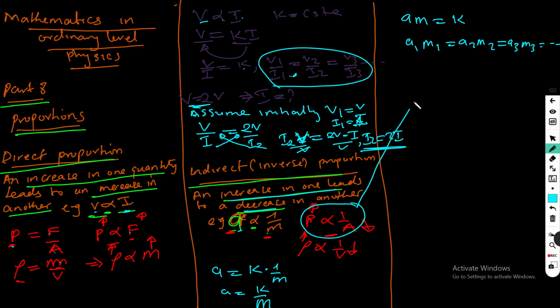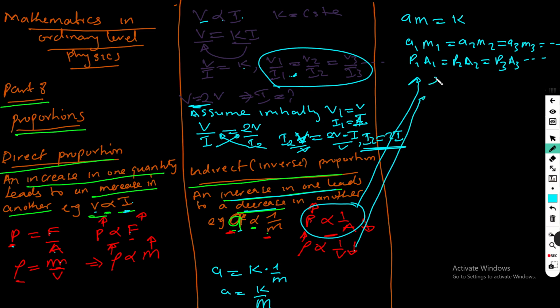This one can become, what do you have? You can have P1 times A1 equal to P2 times A2 equals P3 times A3, and so on. The same thing can happen with the one of density and volume.